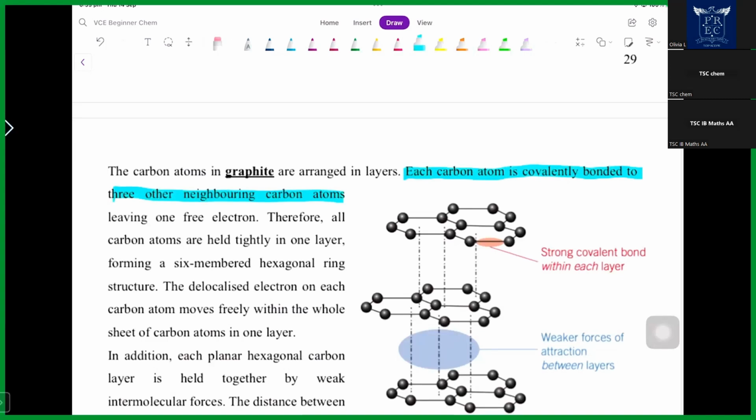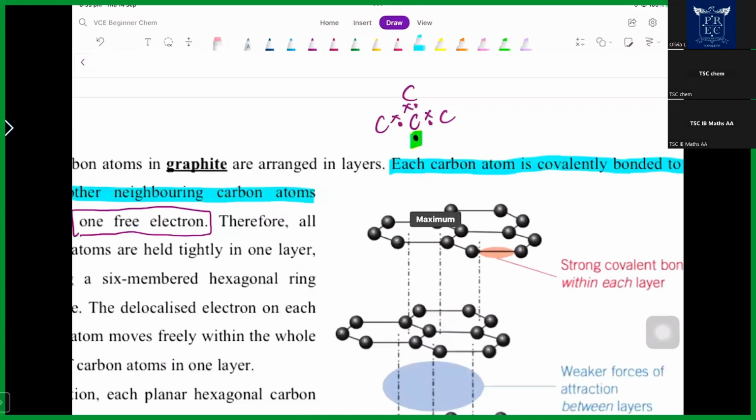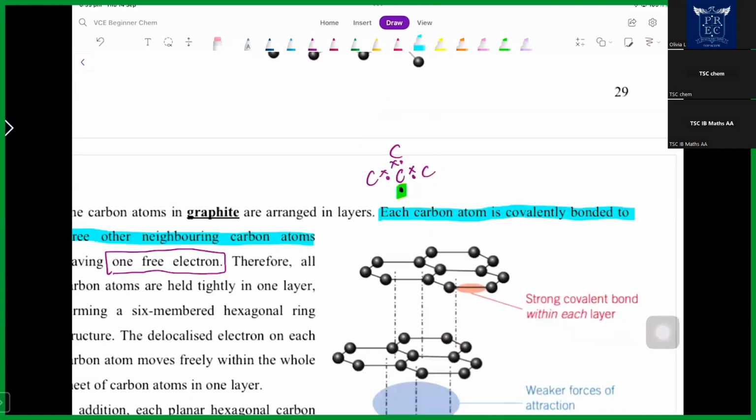There is a very unique point here: carbon has four electrons, since it is in group 14 with 4 electrons in the outermost shell. So when it forms 3 bonds, the extra electron is what we call a free electron.